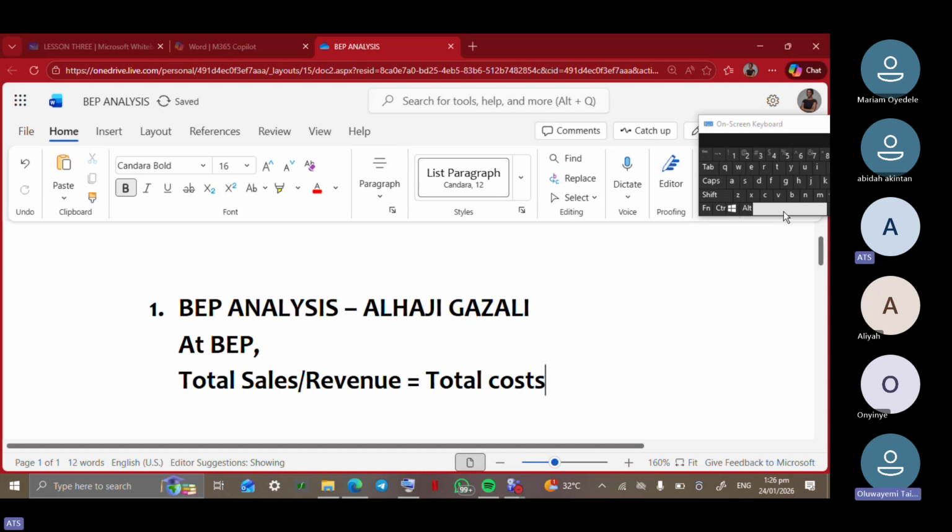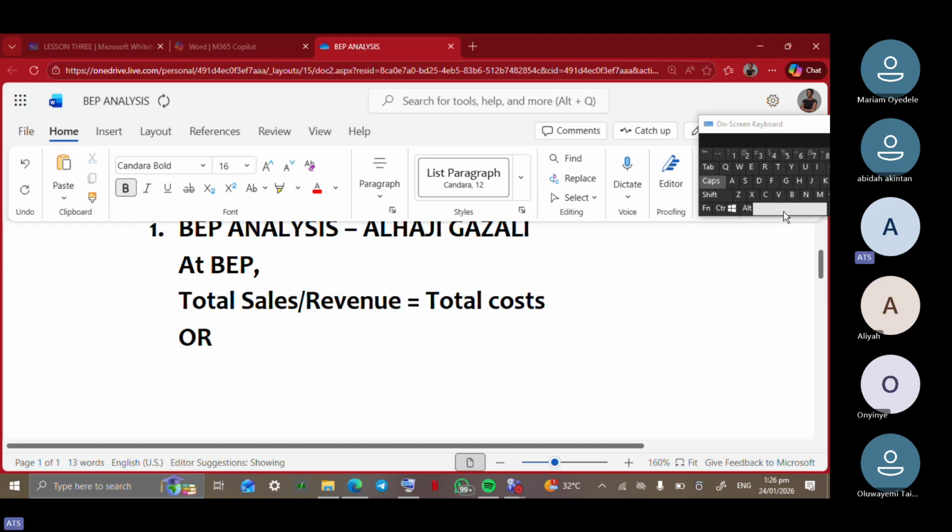Or you can say at BEP, total contribution is equal to total fixed cost.